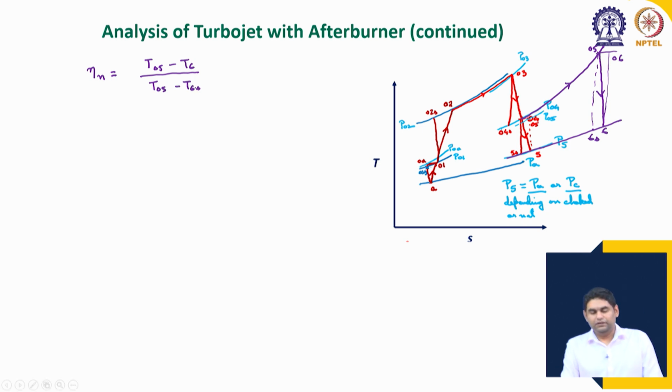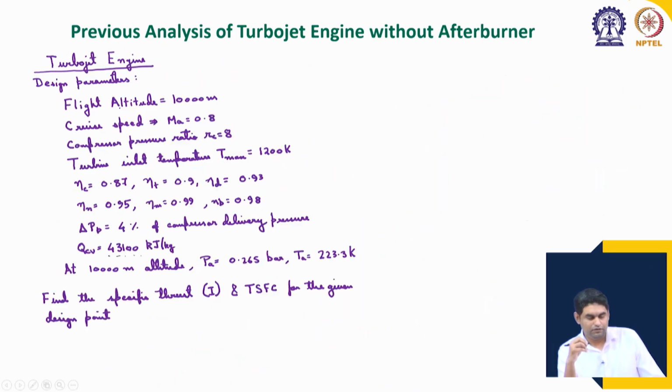Actually, this is the ratio of the enthalpy difference H05 minus H6 divided by H05 minus H6s. If we assume the Cp to be constant, we can cancel it from the numerator and denominator. Eta n is given as 0.95.